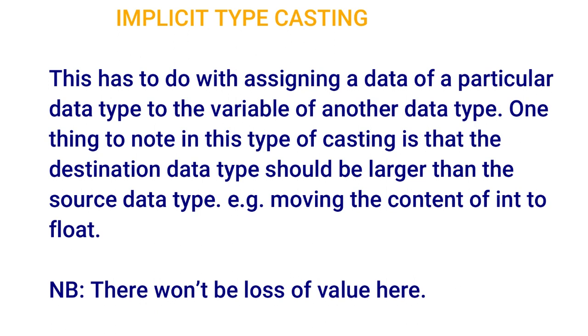For example, when we are moving the contents of int into float, float is bigger than int. You understand? And one thing that you should know here is that there won't be loss of value because you are moving from the smaller data type into the bigger data type.